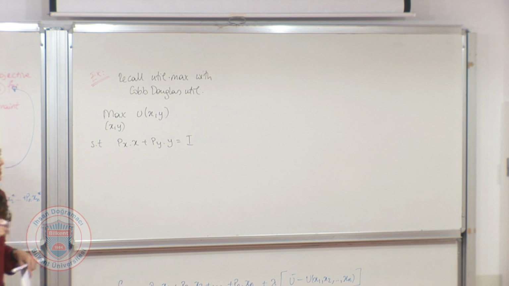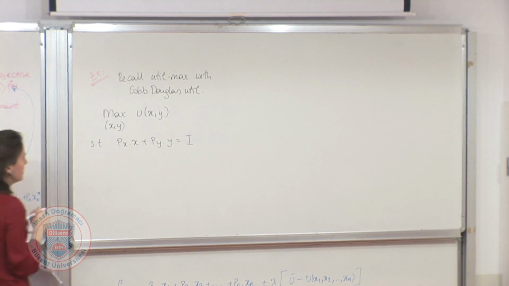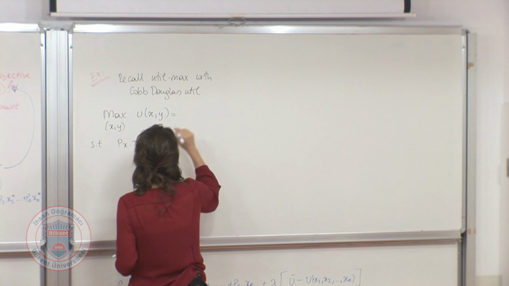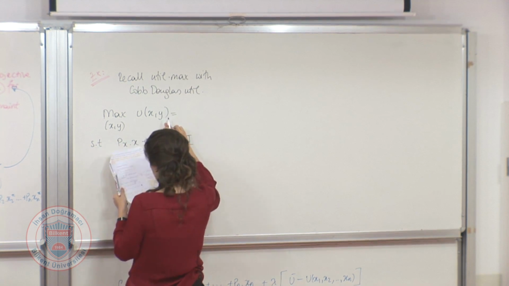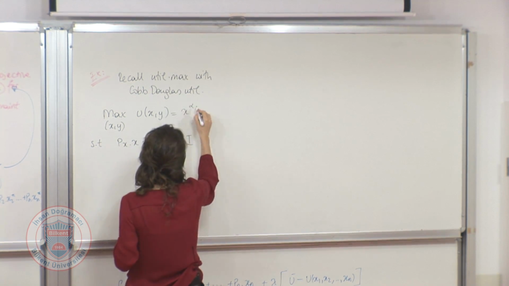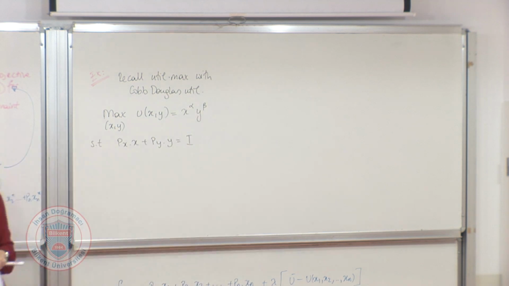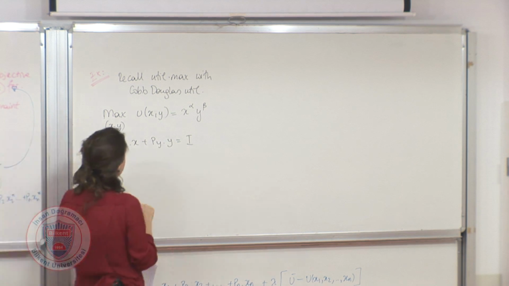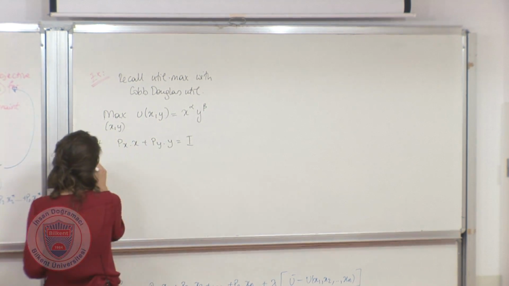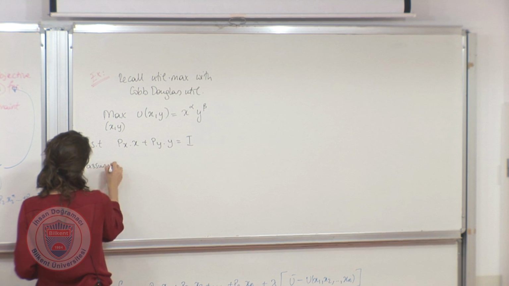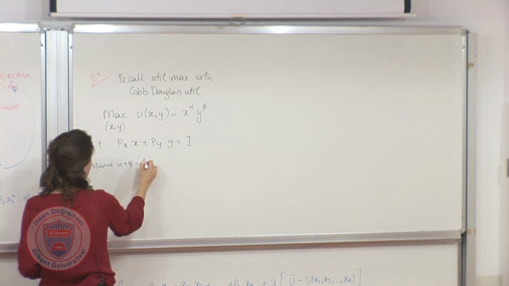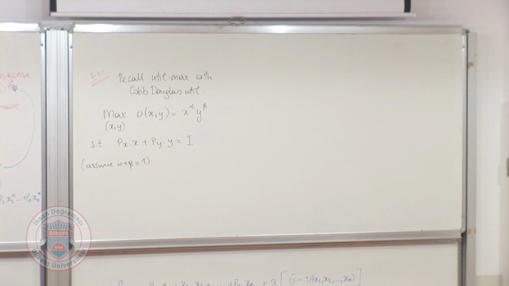Because it was Cobb-Douglas, the utility function was x to the power alpha, y to the power beta. We solved for the most general case, but for the sake of simplicity, just assume alpha plus beta equals 1, so that things will be less messy, okay?